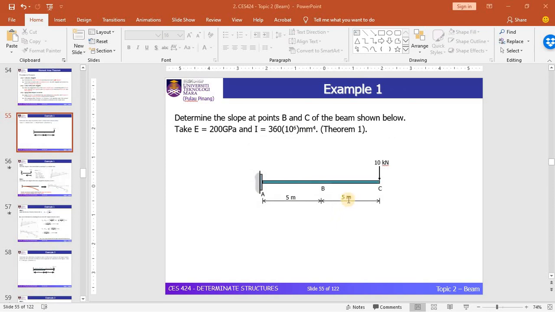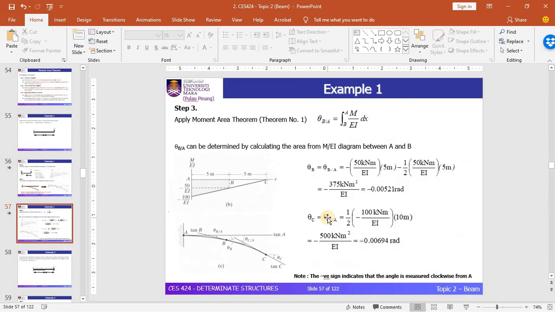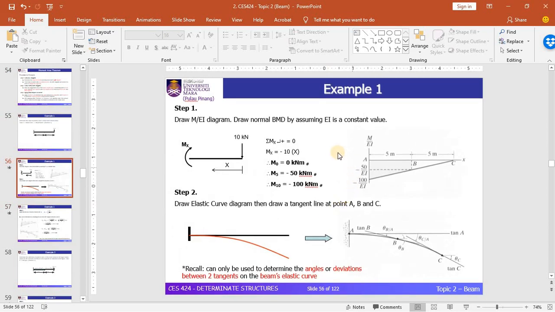Let's look at the solution for this particular example. To draw the M/EI diagram, you need to get the equation of moment. You get the equation of moment by using the cut section method that you learned in a previous subject, which is solid mechanics.